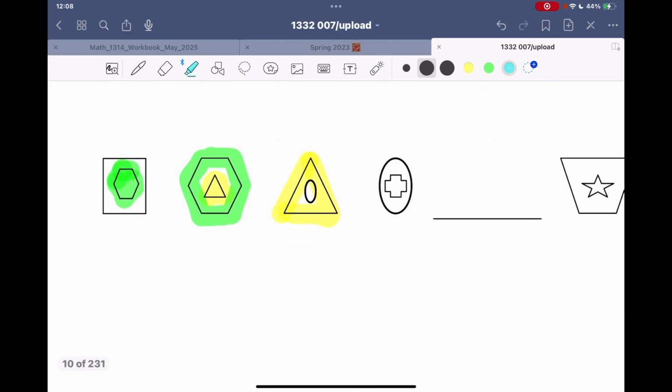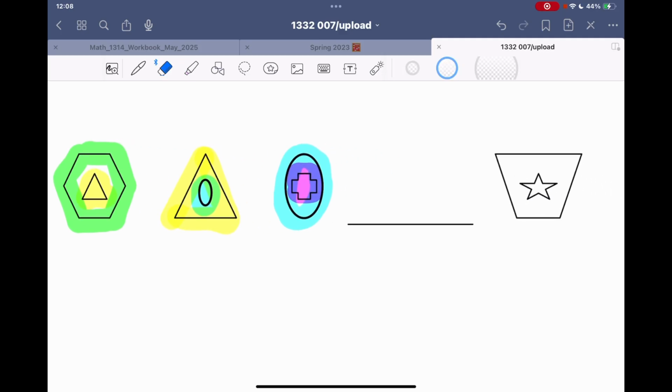If I have an oval here, the oval becomes the outside shape. And then lucky for us, we have this, I guess, like a cross. So that cross is going to become the outside shape. And then what's left to determine is going to be the inside shape.